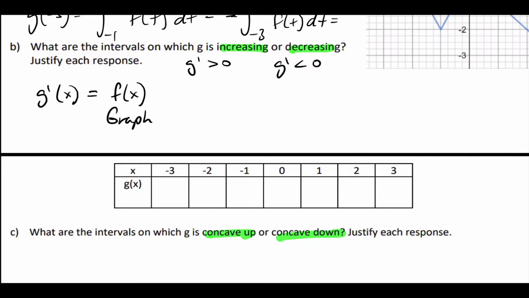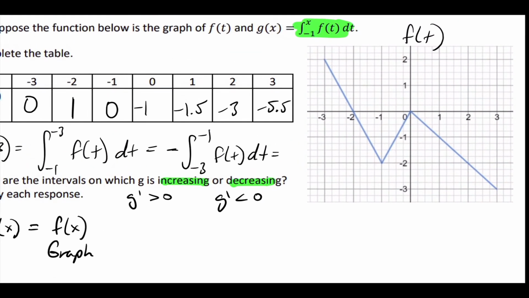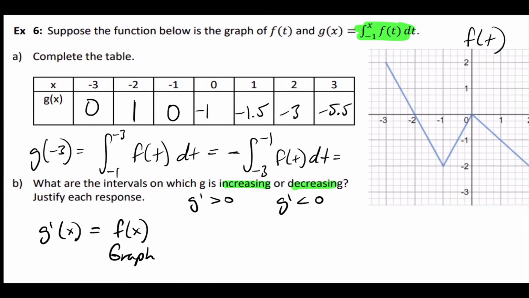So I'm going to look at the graph to see where it's positive and where it's negative, right? That's what I'm doing here. If I need G prime, it's the same as the graph, right? So instead of G prime, you can just say, when is the graph positive? When is the graph negative?